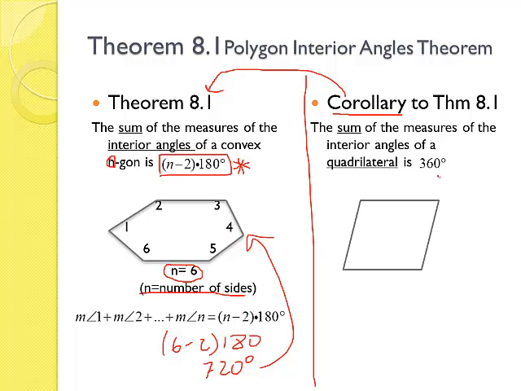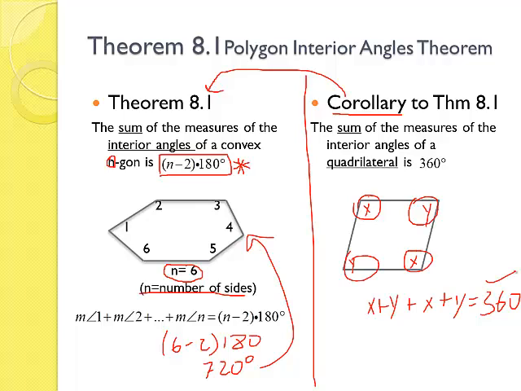So if I have this angle here, this here, this here, and this here, for example, x plus y plus x plus y equals 360 degrees. So add them all up, you get 360 degrees. That's what the corollary states.